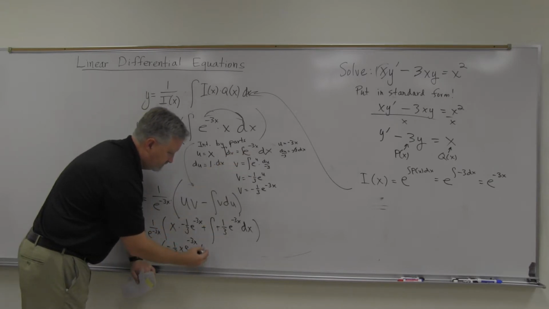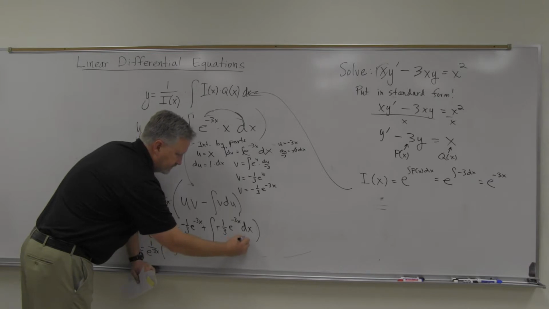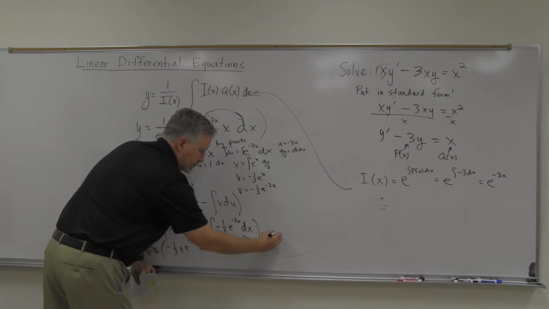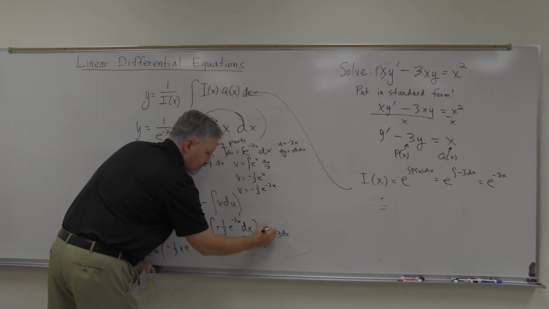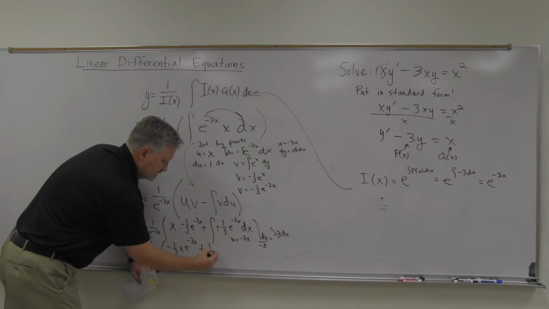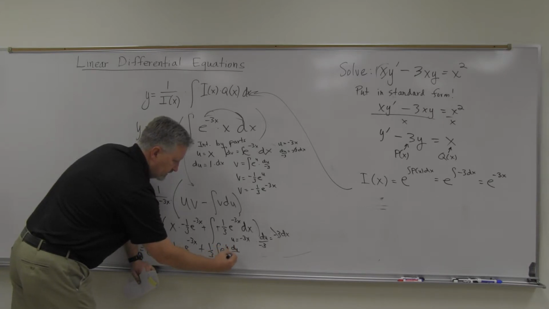We've got 1/3 times that. So again, it's just another u substitution. So du is minus 3 dx, so dx is du over minus 3. So you're going to have 1/3 times the integral of e to the u, du over negative 3 again.